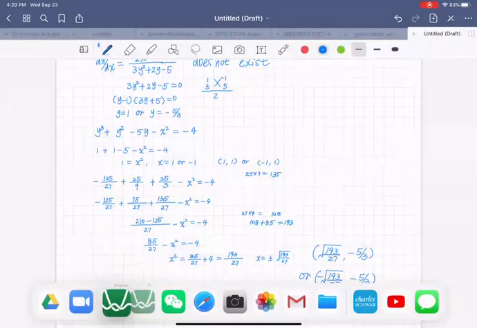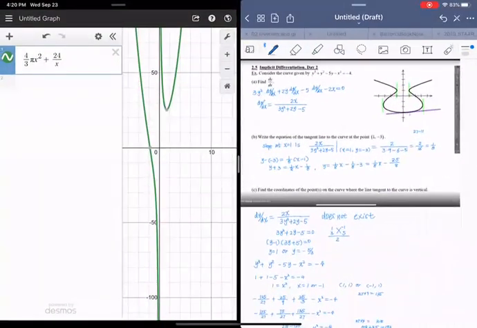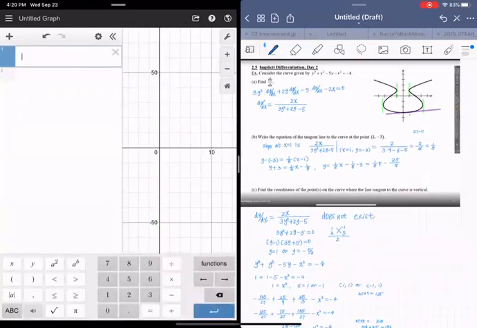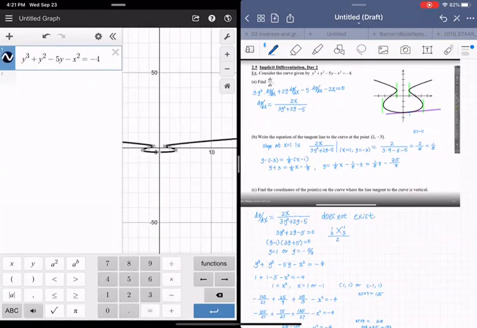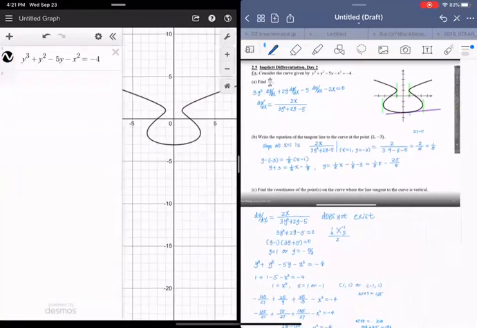Now let's make sure. We can draw this equation inside here: y cubed plus y squared minus 5y minus x squared equals negative 4. I'm just verifying our answer if it's correct.